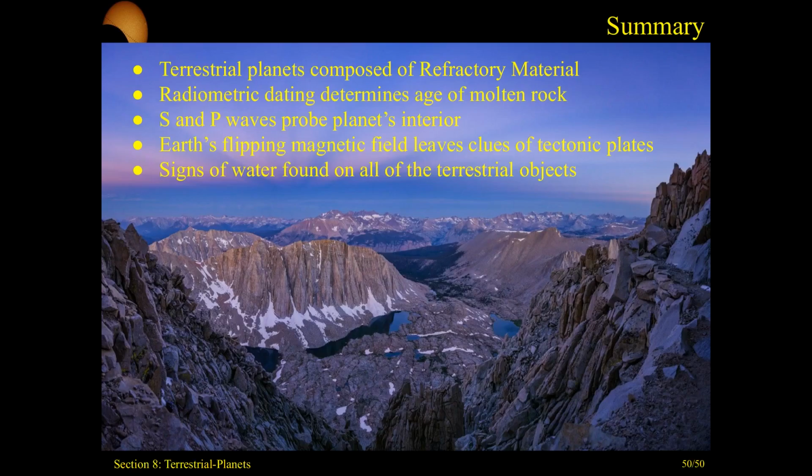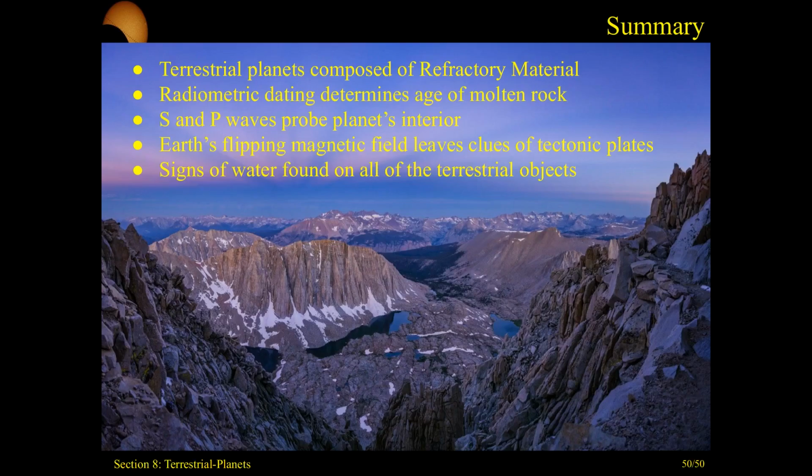Part of how we know about our tectonic plates and what's happening on Earth is actually the flipping magnetic field of Earth. That constant flipping gives us a clock, another tool to measure the shift of the plates. That leads to all sorts of erosion and shifting of the continents.